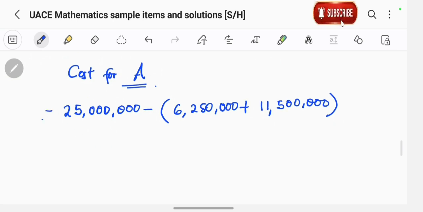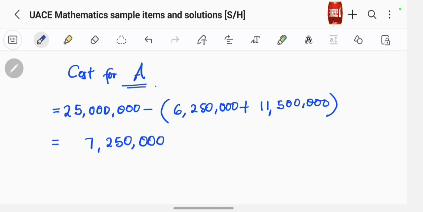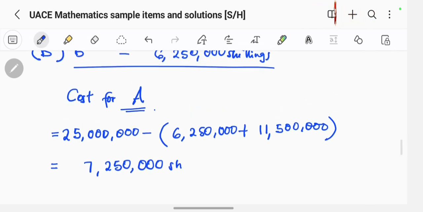You end up with 7,250,000 shillings. So that is the cost.